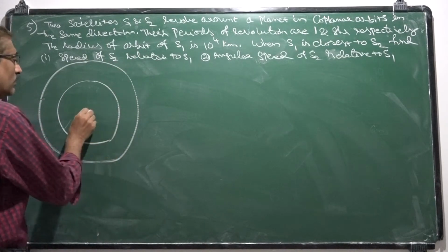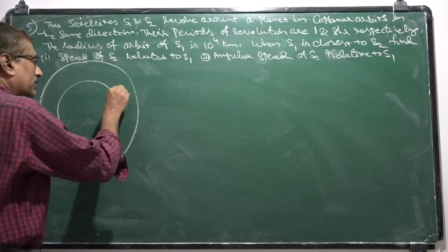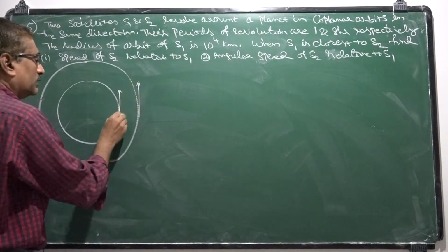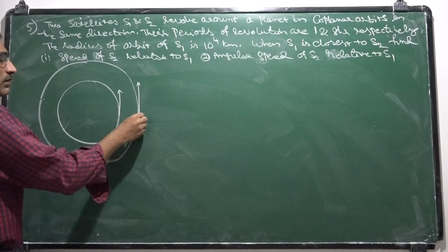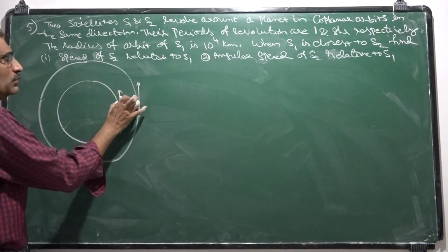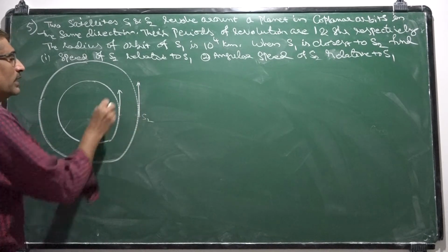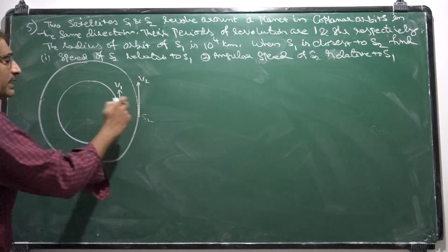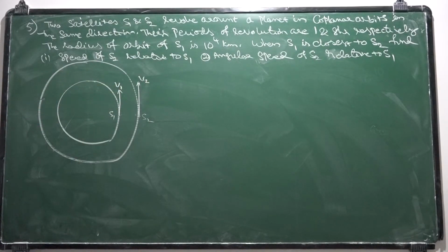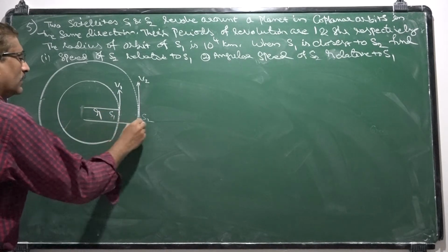Suppose this is S1 and this is S2. In this position they become very close. This is the position where these two satellites become closest to each other. Suppose their velocities are V1 and V2. Then at this position we have to calculate the relative velocity of V2 with respect to V1. Given this is R1, this is R2.